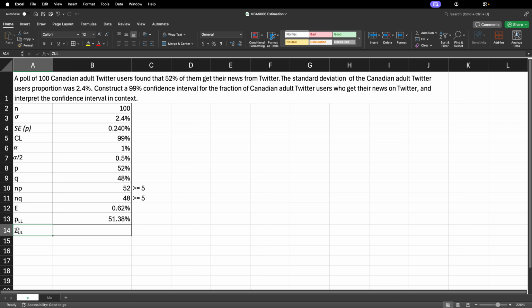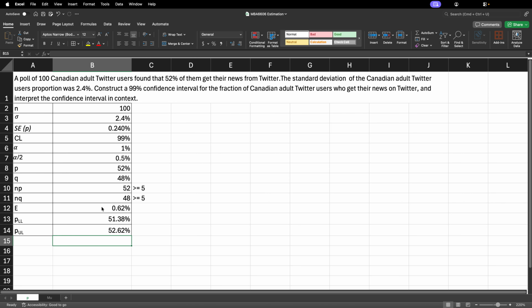And the upper limit is the point estimate p plus the margin of error. So we can see the true population parameter will lie between 51.38% and 52.62%.